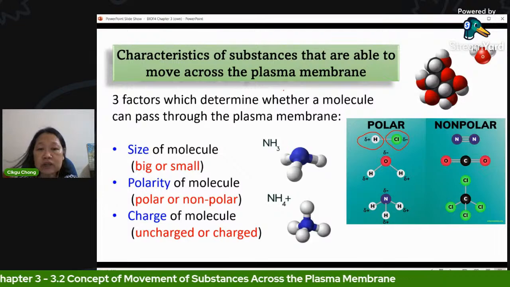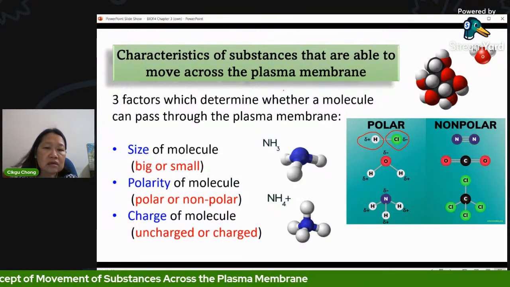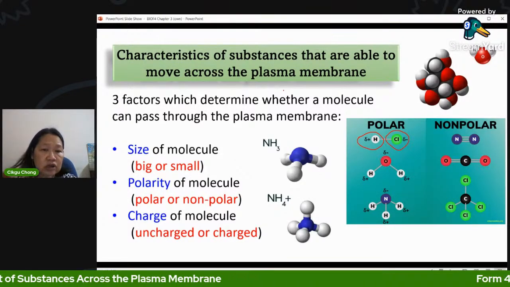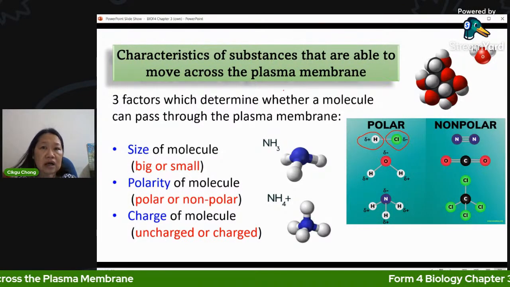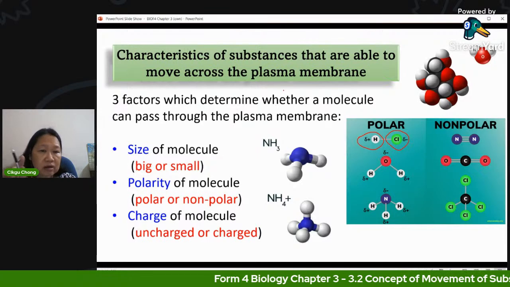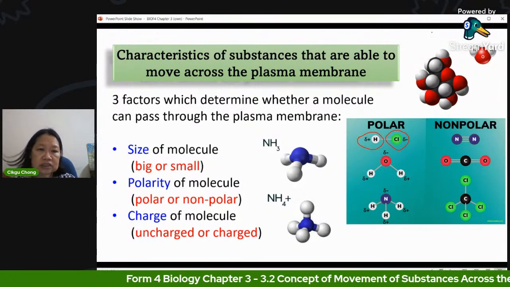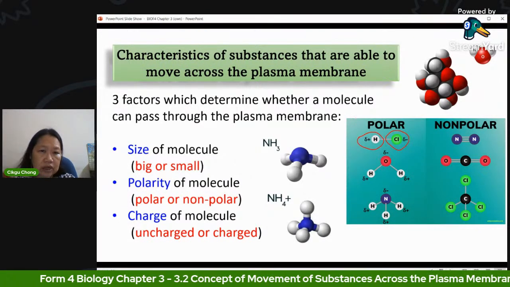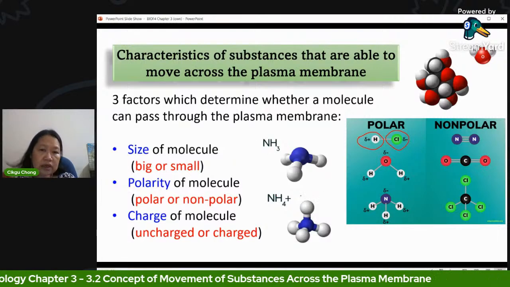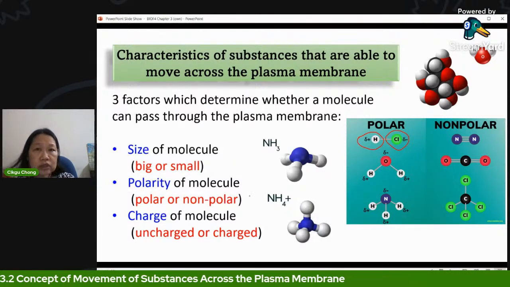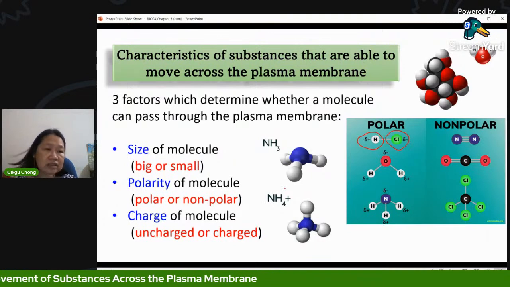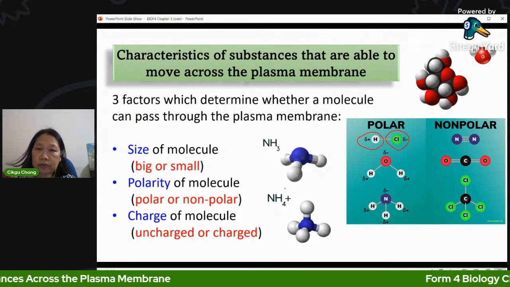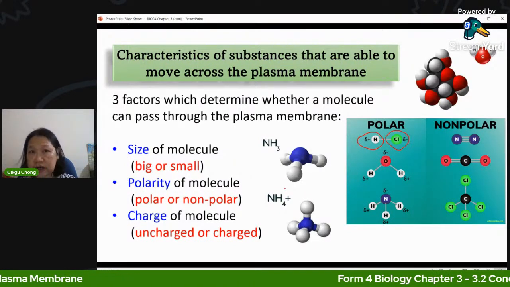But for the ammonium ion, NH4, you have an extra hydrogen ion, so you have this extra positive charge. The one on top is an ammonia molecule, and this one is an ammonium ion. So the 3 factors are size, polarity, and charge of the molecule.